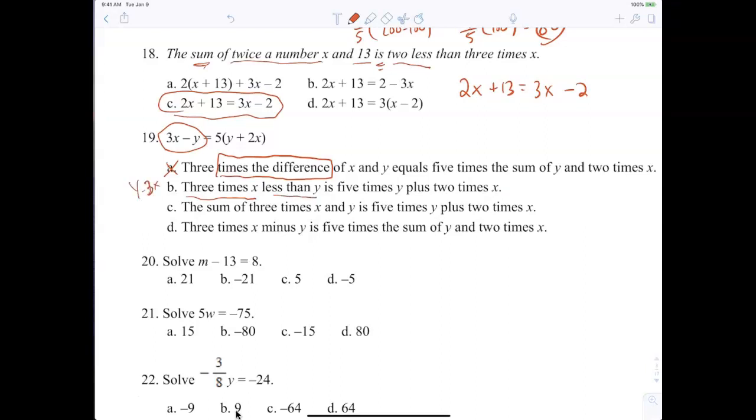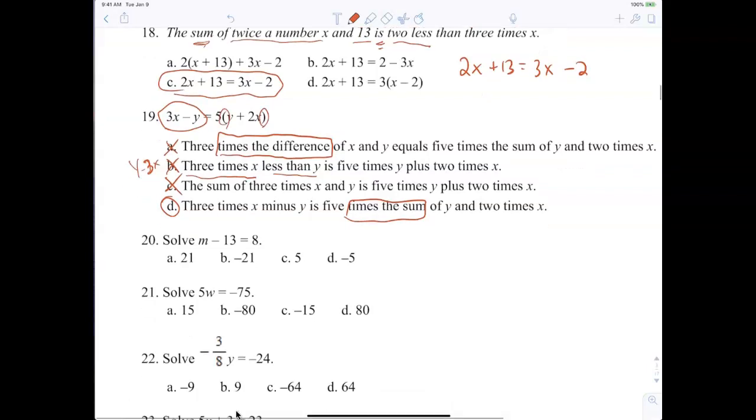Okay, so that's not the answer. That's a good trick question, so be careful with that. Make sure you understand that. Alright, the sum means to add, so that's not the right answer. So it has to be D. 3 times x minus y equals 5 times the sum is that parentheses. Alright, so D is correct.